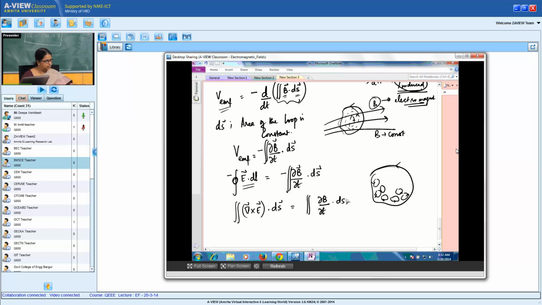Well, when I write it as a loop integral, I don't have to worry about the sign, because my induced EMF over the loop would be the total curl.